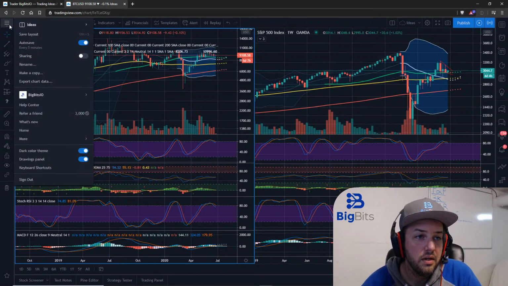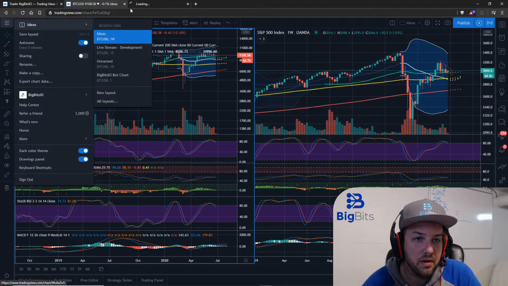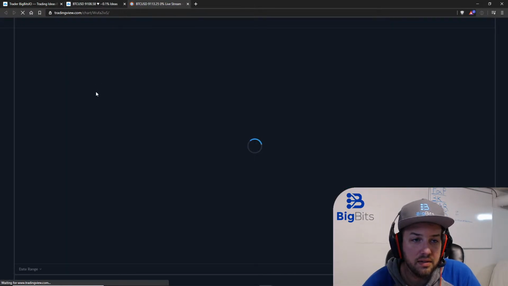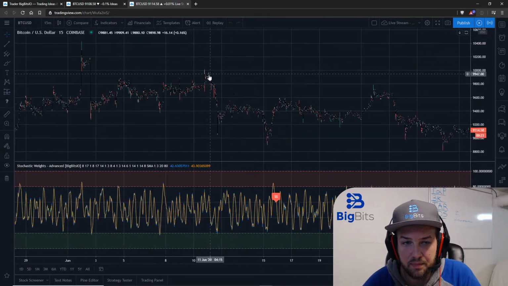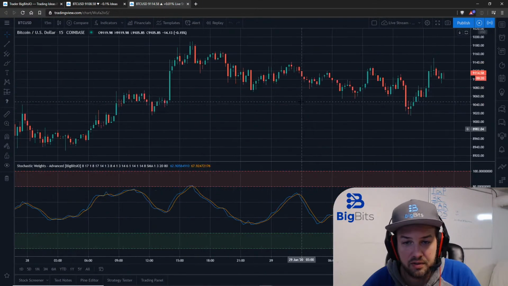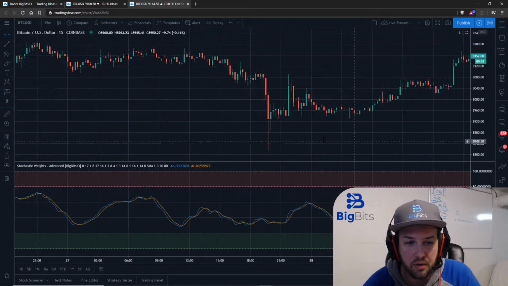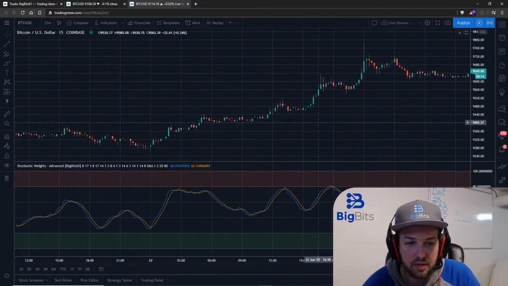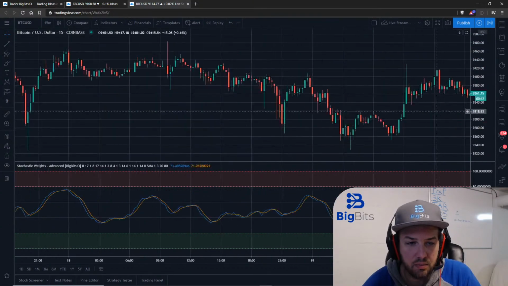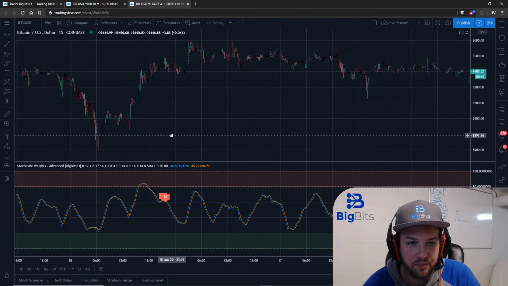All right, so I did want to share some updates on the stochastic weights. I've been working on that just a little bit. I've been trying to find some divergences with the code, and it seems to be doing okay. It's not as great as I would have liked. Where is that one that it found here?